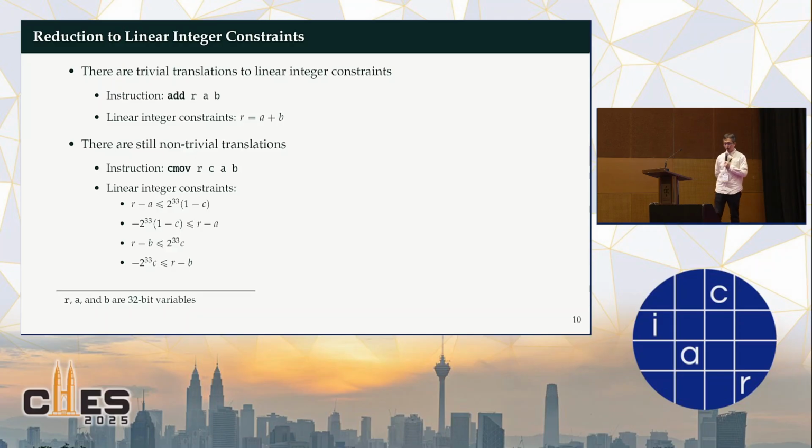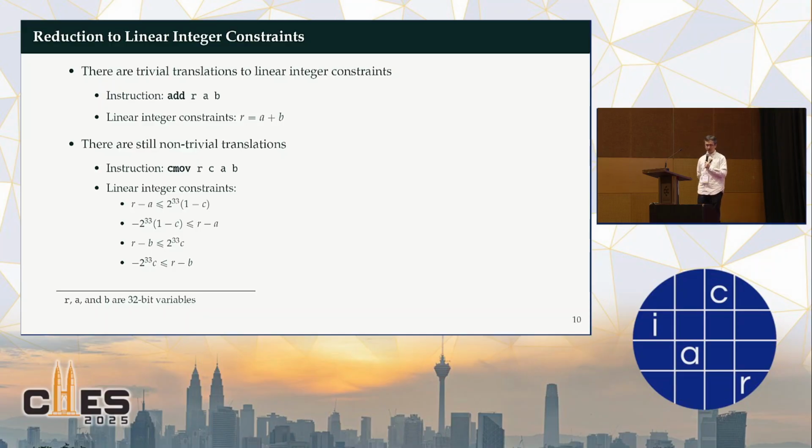Consider the reduction to linear integer constraints. There are some trivial translations to the constraints, such as the addition instruction. But there are still some non-trivial translations, for example, the conditional move instruction. This instruction assigns A to R if C is true.